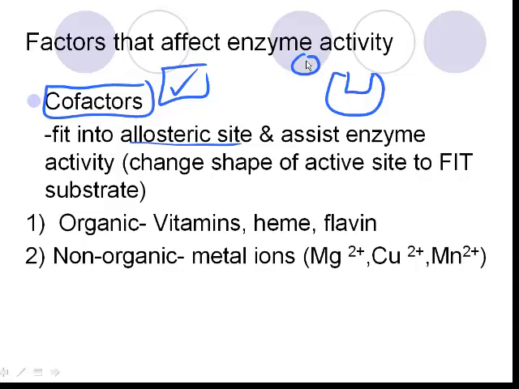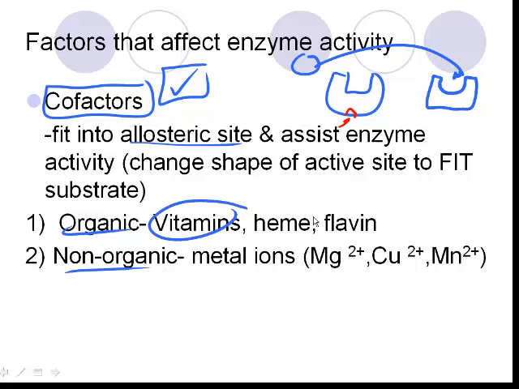So if you have an enzyme that wants to fit in there, when we have an allosteric change, so our little cofactor fits in there, it causes our shape change. Now our substrate can fit in there. Okay, so we have a couple different types. We have organic, non-organic, organic vitamins, heme like in hemoglobin, and then some metal ions like magnesium, copper, and manganese. All of these help to increase the enzyme activity.